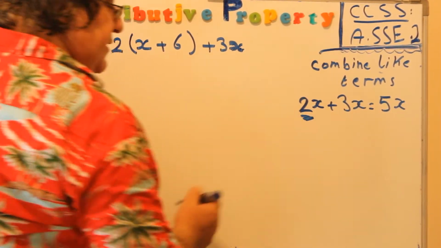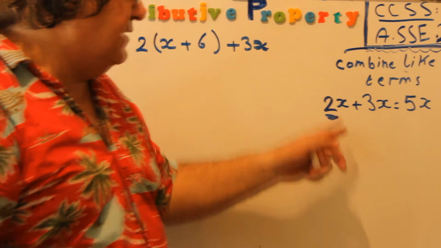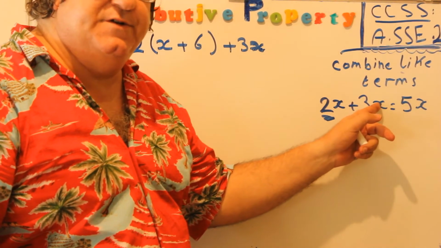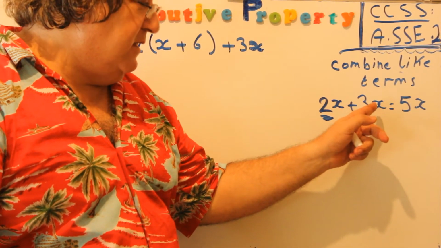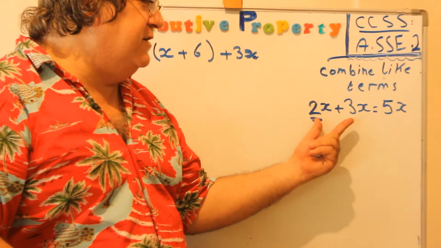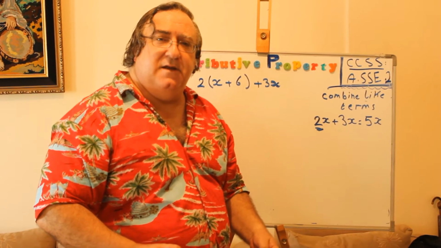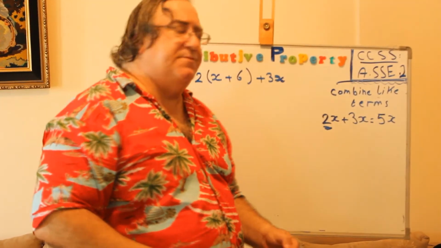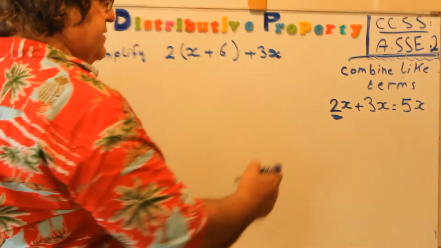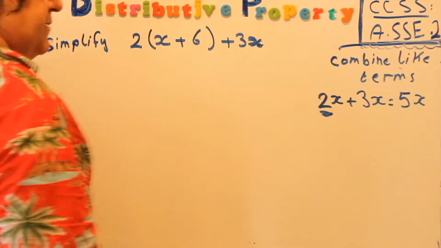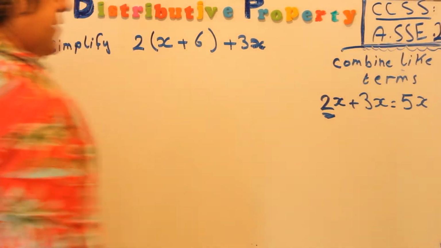This 2 we call the coefficient of the variable x, and 3 we also call the coefficient of the variable x. So we add the coefficients to get the combined terms. The same thing applies to subtraction.